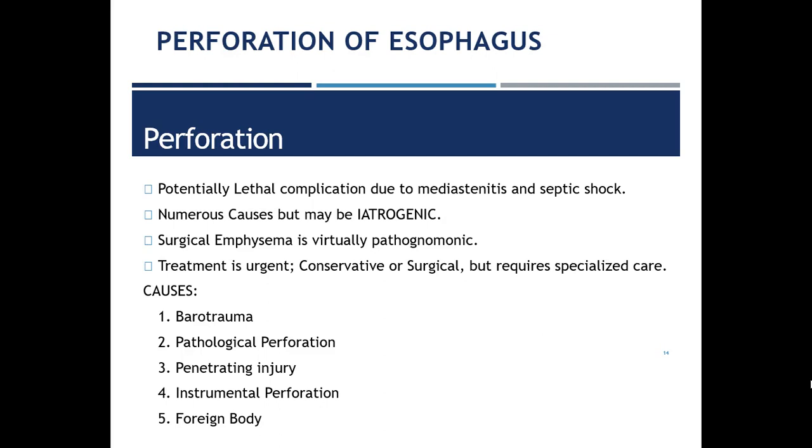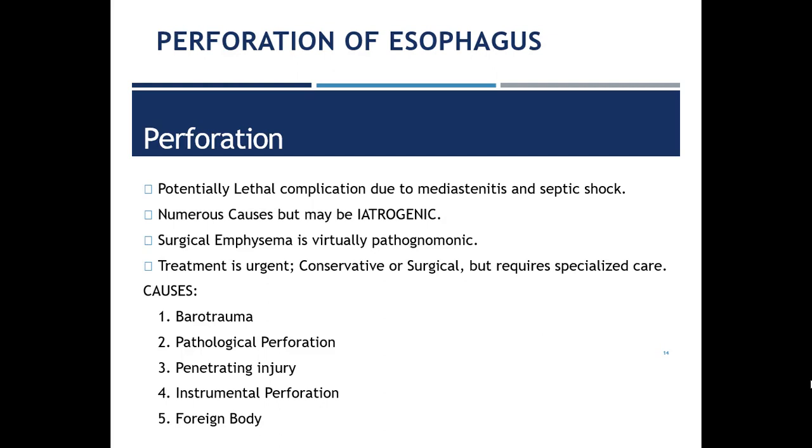Now, what are the causes of the perforation? Apart from the iatrogenic perforation, there is barotrauma, for example, when the patient has a closed glottis and coughs. There is a pressure change in the esophagus resulting in perforation at the weak area.